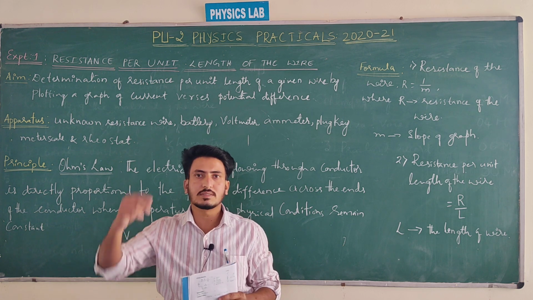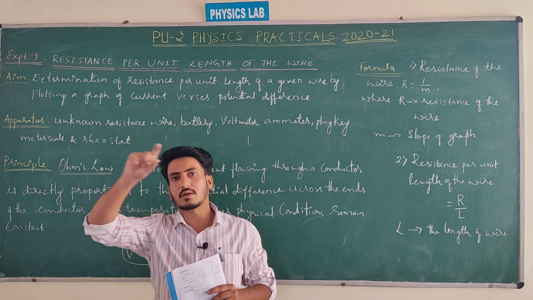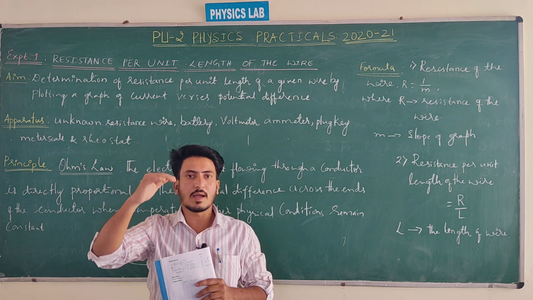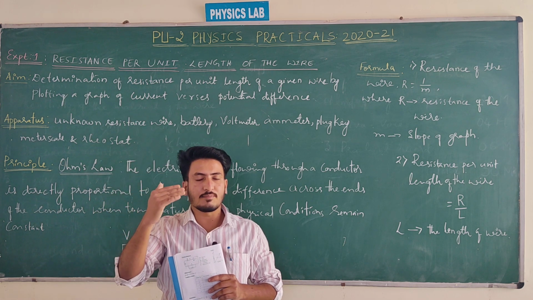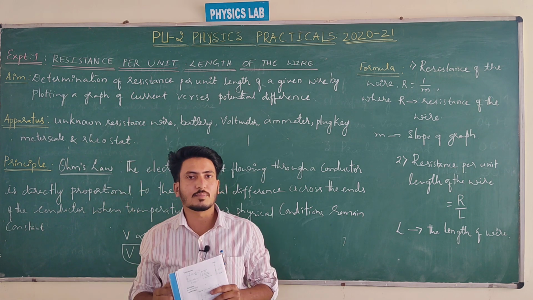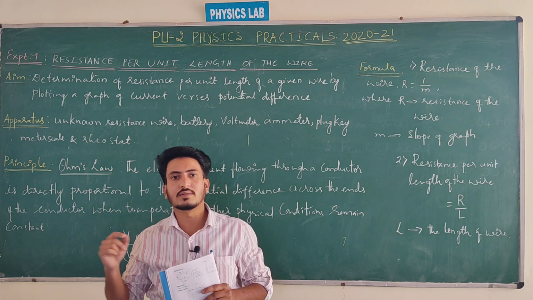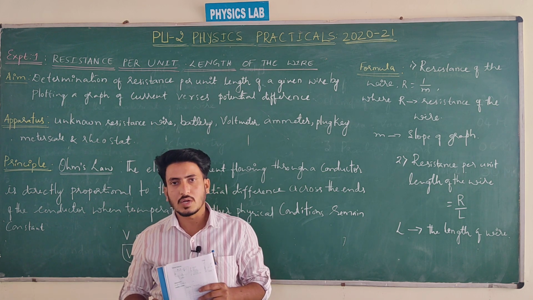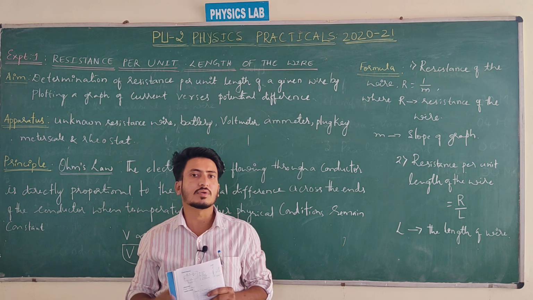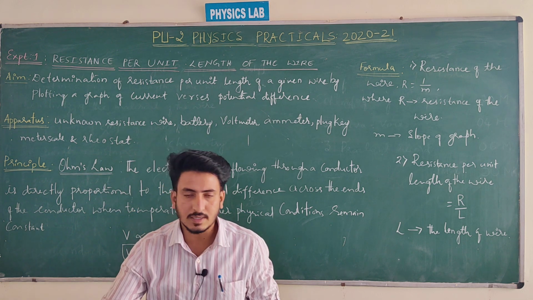And on the ruled side, the experiment number, date, title of the experiment, aim, apparatus, principle, formula, then write the procedure. At the end you write the result, okay, with the proper SI unit. In this way you need to proceed with the journal writing.